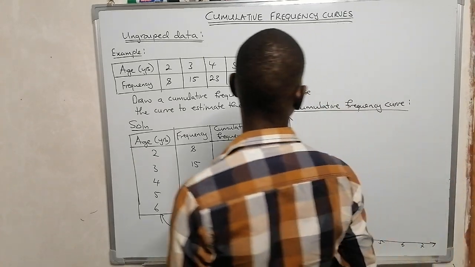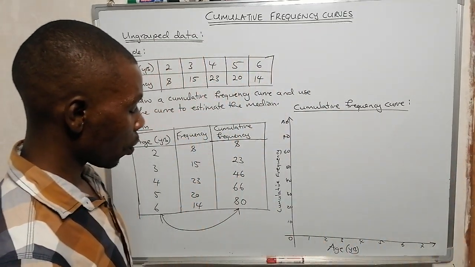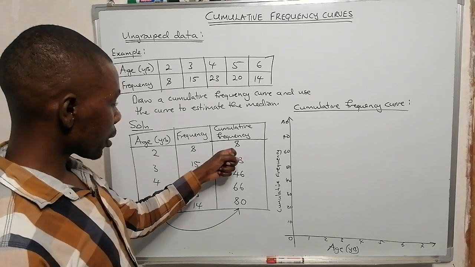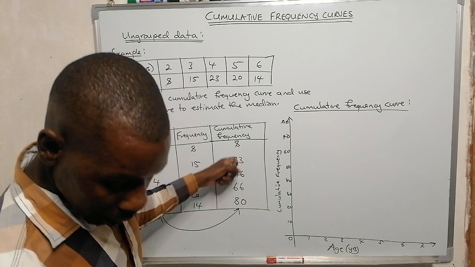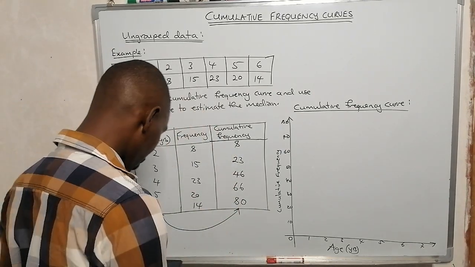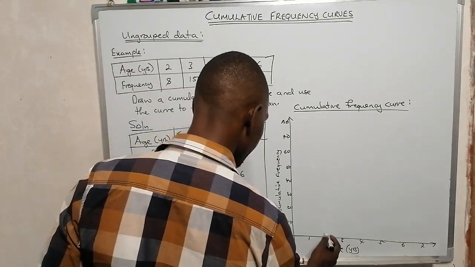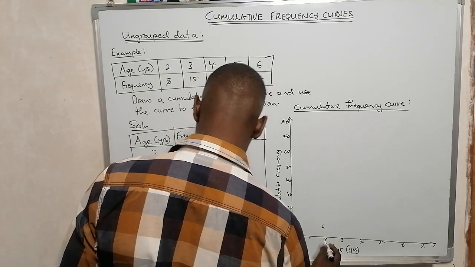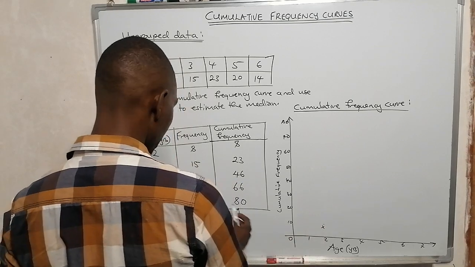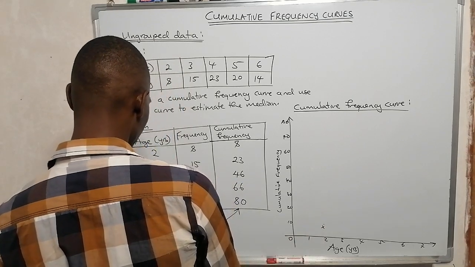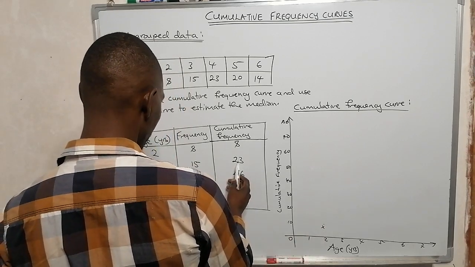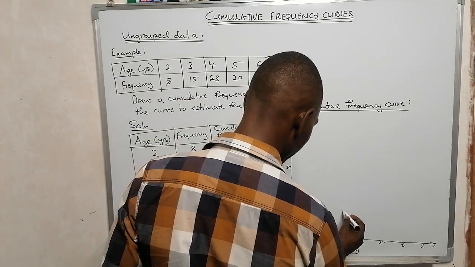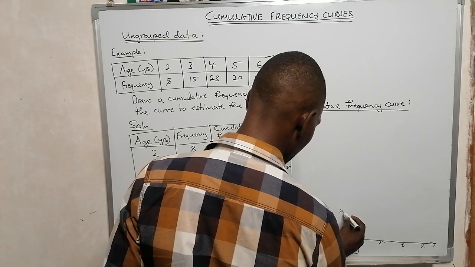Now we want to plot the curve. So we are going to take 2 against 8, so we take 2 and 8. Then we put a star. Then we are going to take 3 and 23. We also put a star.